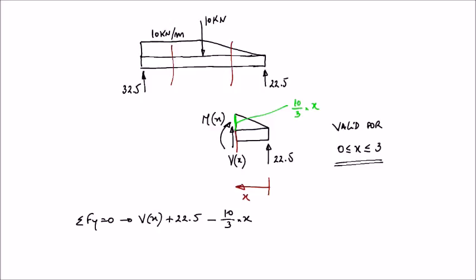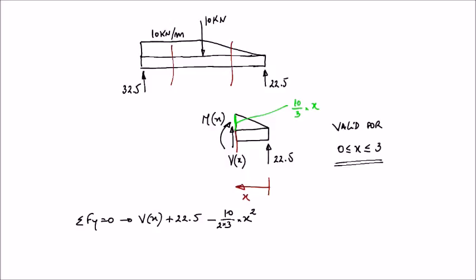So this is the height. I need to multiply the height by the width of the triangle, which is x. So this becomes x squared. And I need to divide this by 2. So I'm going to say something like this, 2 times 3 in the denominator.